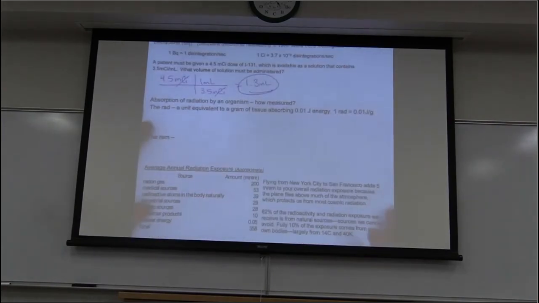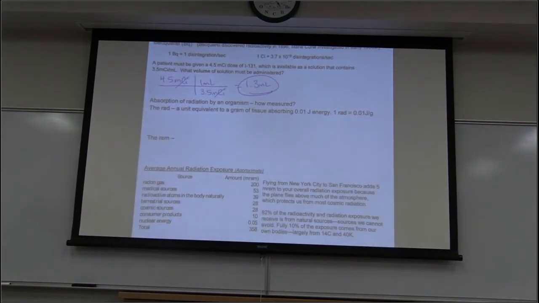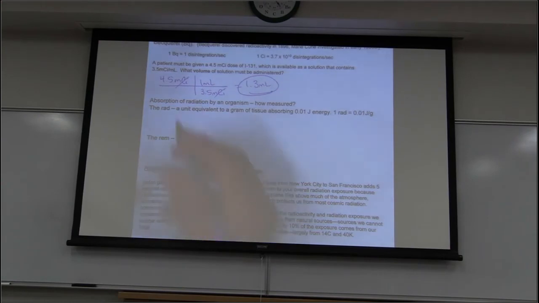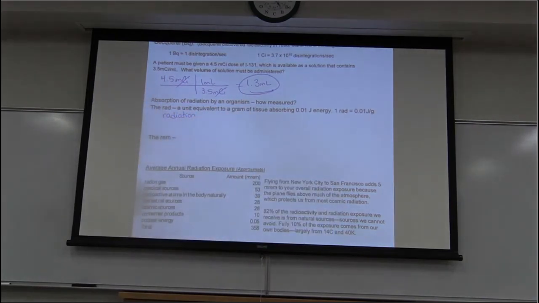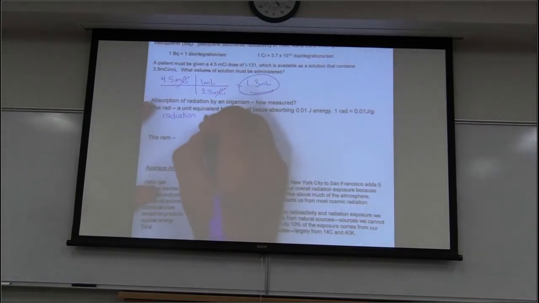But rad and rem are methods of measuring the energy absorbed by a substance that has had the exposure. They're both methods of measuring absorption, but they stand for 2 different things, and I want to tell you what they stand for and then tell you which one's used mainly today. They're, in a sense, generic terms.